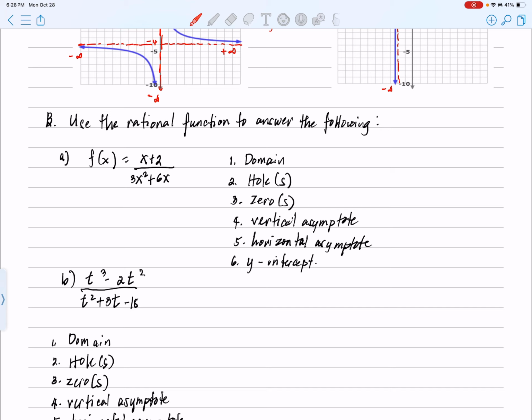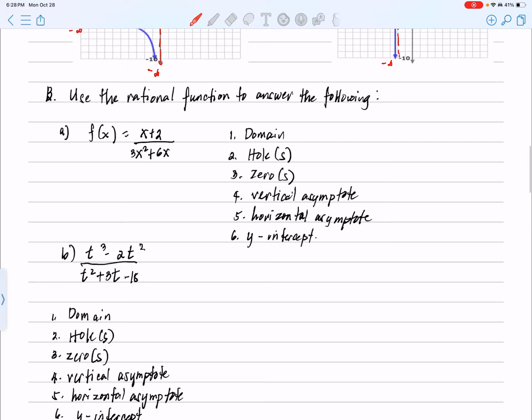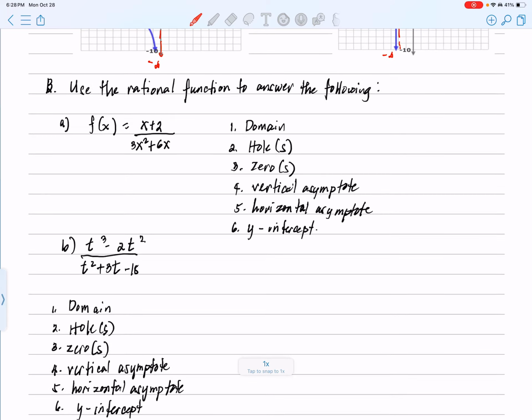The first thing we have to do is equate the numerator to 0 to find the zeros, and the denominator to 0 to find the vertical asymptote, and also find the y-intercept.